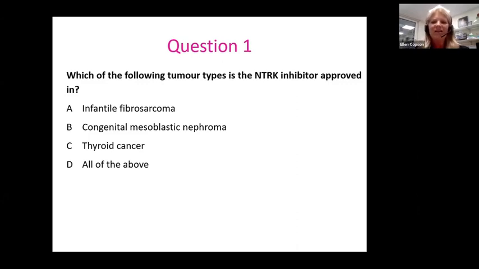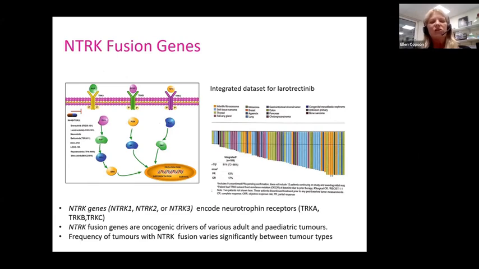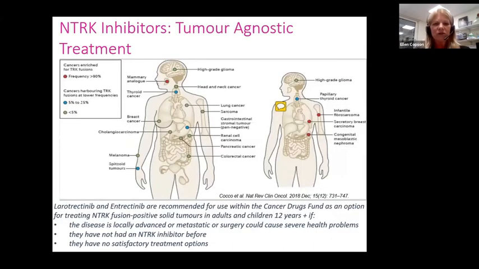These are targeted therapies that have been heralded in the public press as being the first tumour agnostic treatment. NTRK fusion genes are oncogenic drivers of a whole variety of different paediatric and adult tumours. There are now a couple of drugs that have been specifically designed to inhibit that particular abnormal protein.